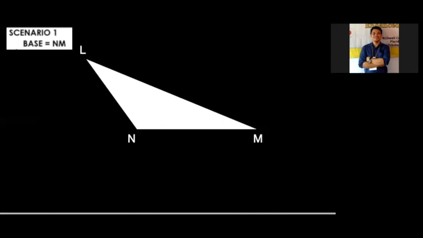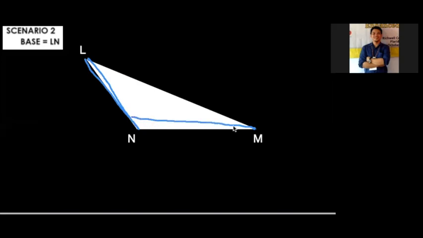Let's go to our second scenario. If this time our base is LN, similar to scenario number 1, the height cannot be drawn inside the triangle because there is no line that we can create here that is perpendicular to the given base.